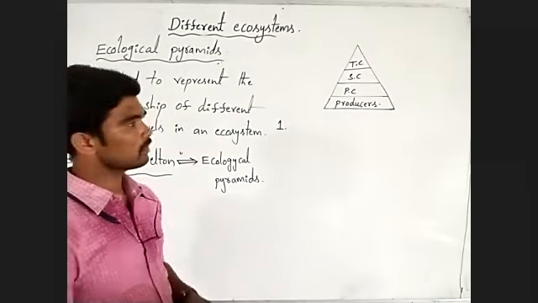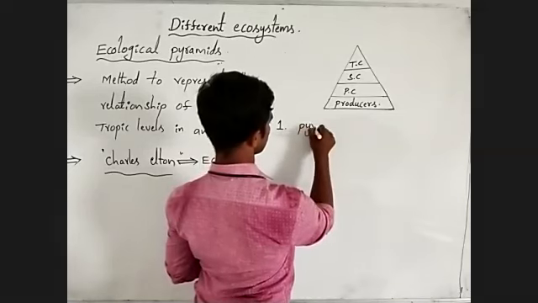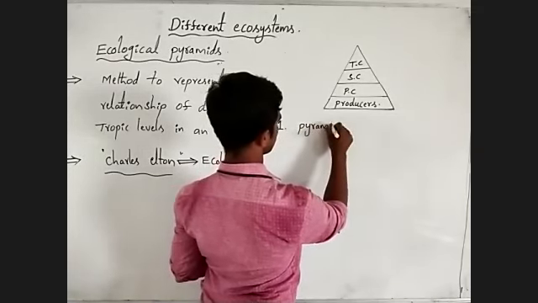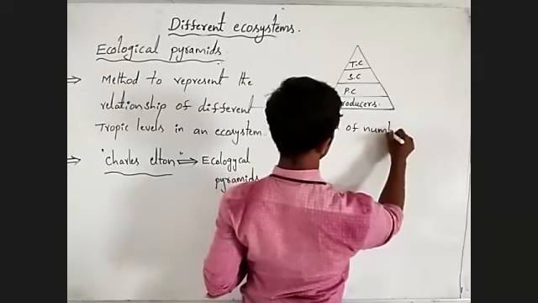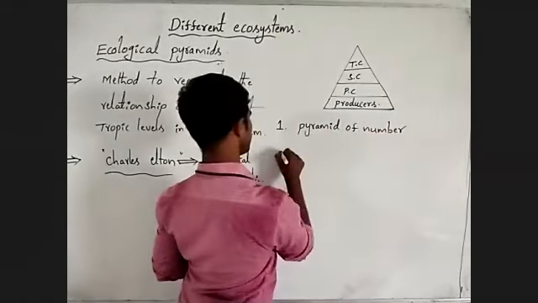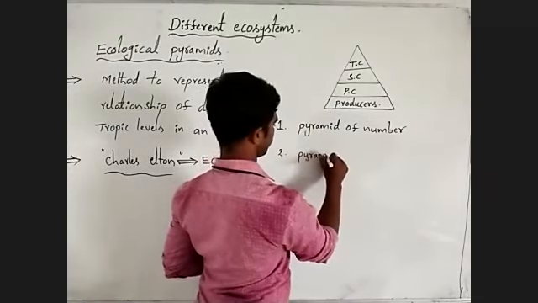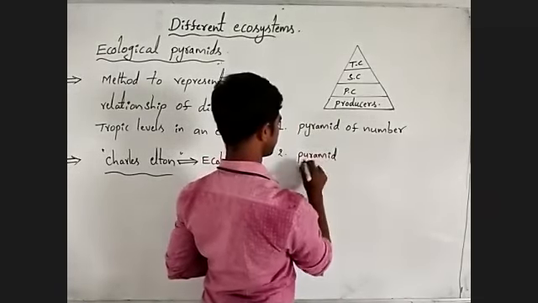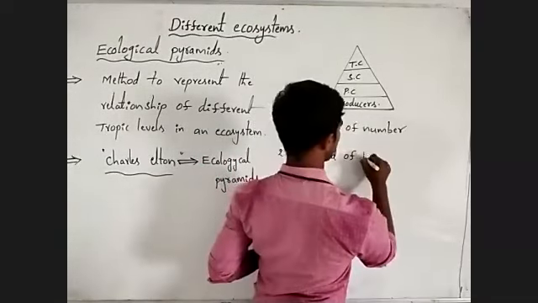First one, pyramid of number. Second one, pyramid of biomass.